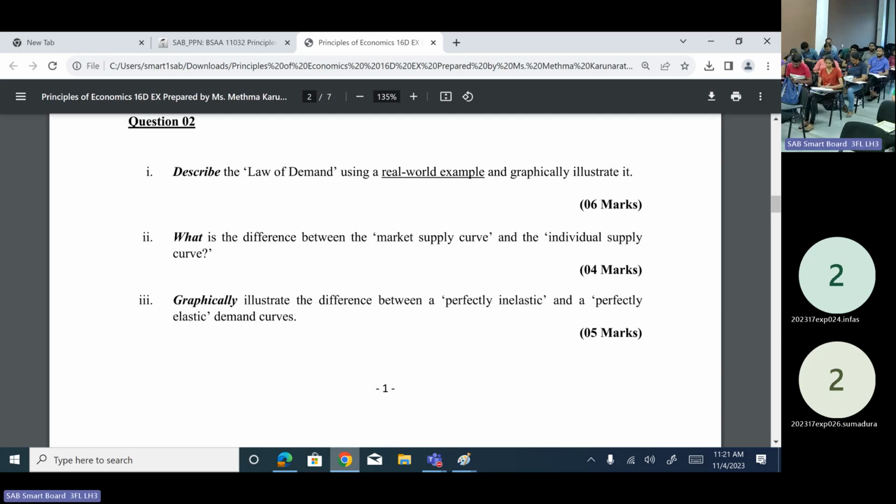Individual supply curve means it is the supply curve for a particular product of a particular firm. The market supply means you take that product from so many different firms that come into the market. The horizontal summation of the individual supply curves will be the total market supply curve.